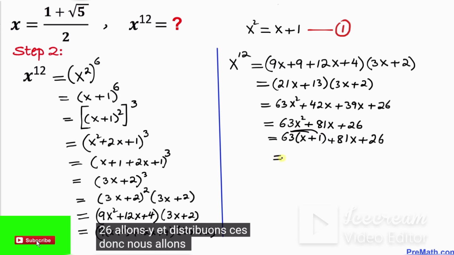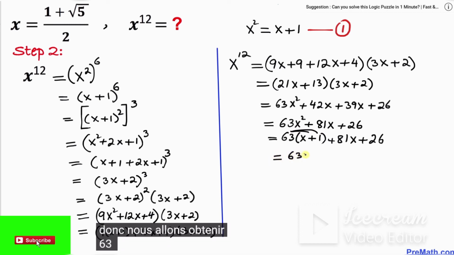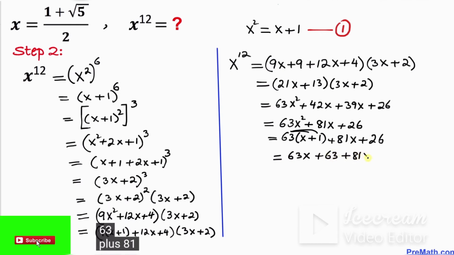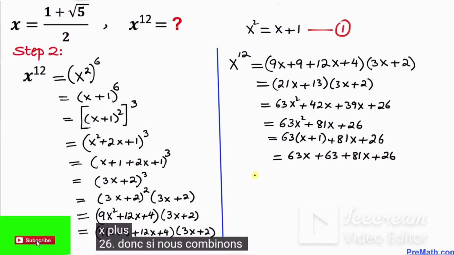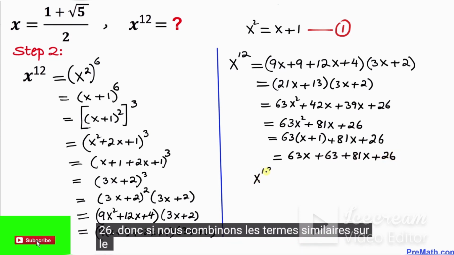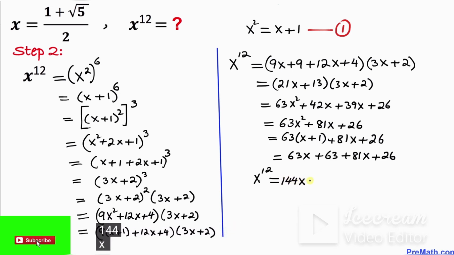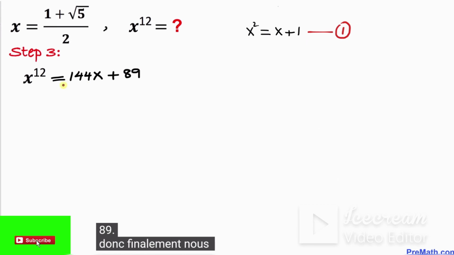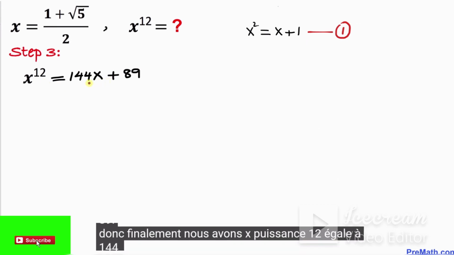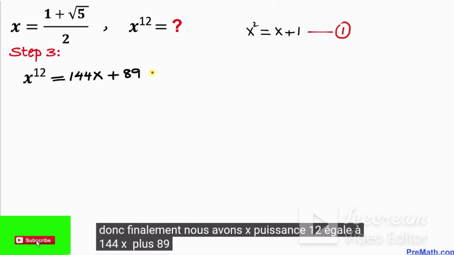So we are going to get 63x plus 63 plus 81x plus 26. If we combine the like terms on the right hand side, we are going to get 144x plus 89. So finally we got x power 12 equals 144x plus 89.